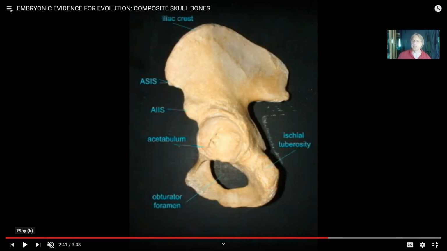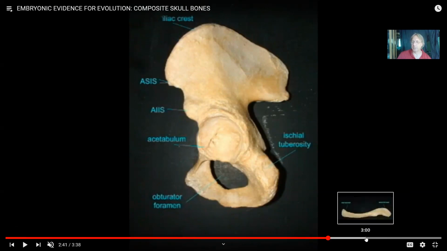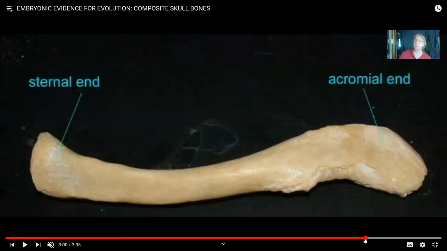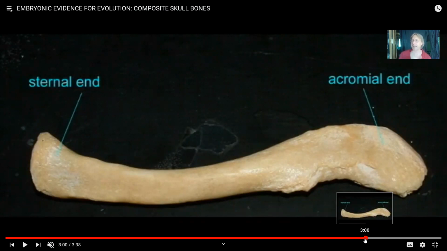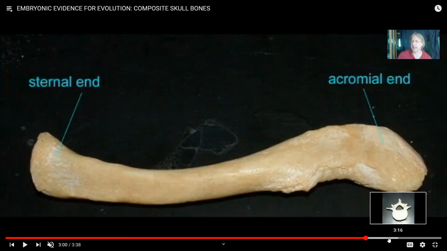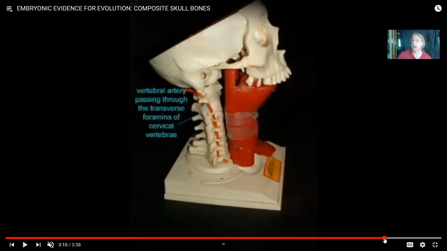Many other parts of the skeleton are similar. One human hip bone forms from the same three separate bones, the ilium, the ischium, and the pubis, that we see in other animals. Our clavicle forms from fusion of separate elements that even form through different types of ossification. Part of the clavicle forms as dermal bone through intramembranous ossification, part as endochondral bone.